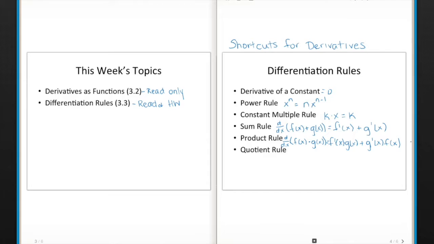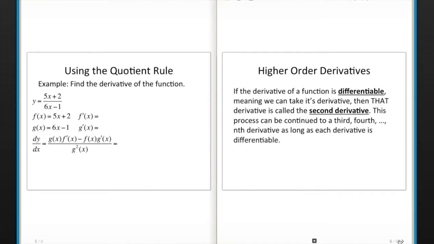Then you take the derivative of the second function and multiply it by the first function, and you add them together. So again, that's a bit different than the sum rule. Last, we have the quotient rule, and this is the one I'm going to focus on today because this one is a bit trickier. This one has a bit of a longer formula to it, which I'm going to write at the top up here for us before we practice using it.